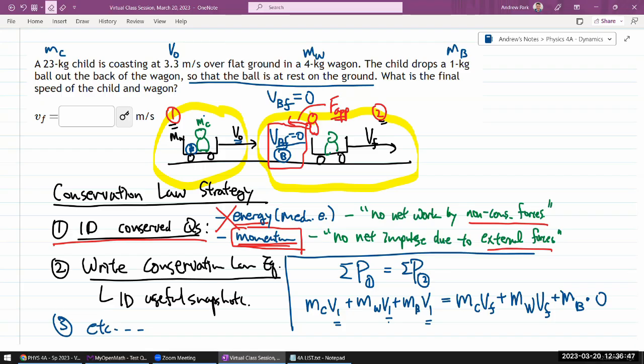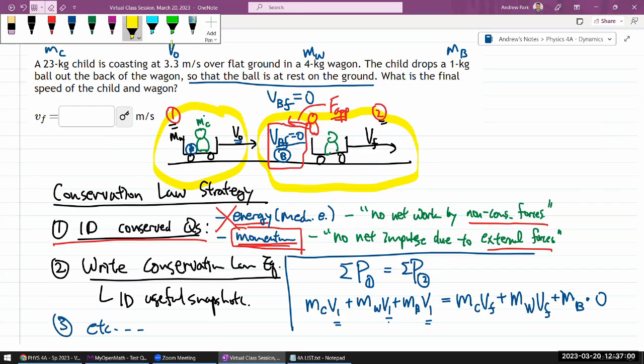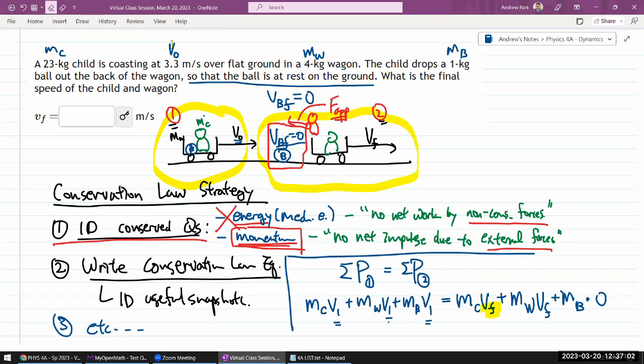It's a weird setup, but that's what the question is telling us, so we'll go with that. All the masses, I believe, are given. V1 was given. So the only quantity that wasn't given that we have to solve for is V final, and we have one equation, one unknown, so it should be solvable.